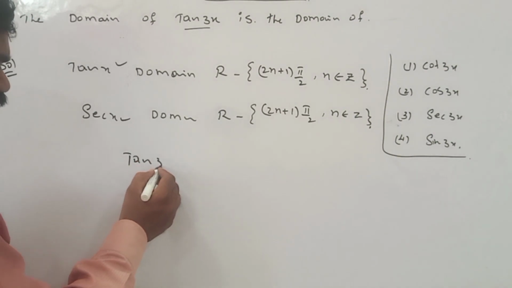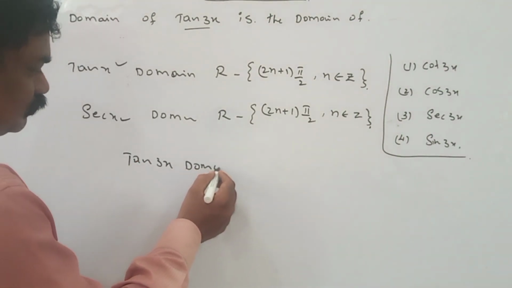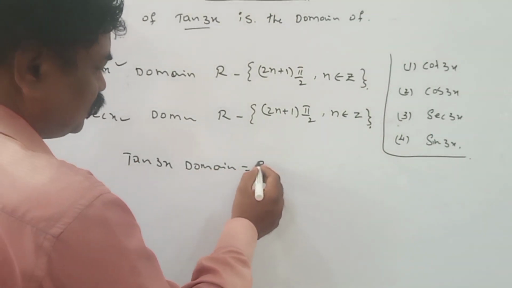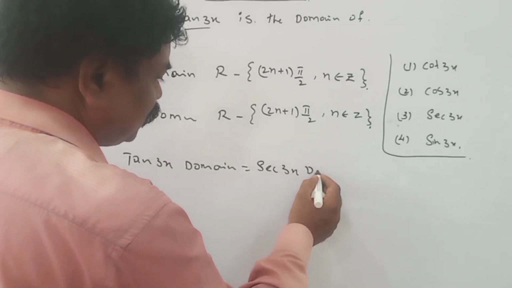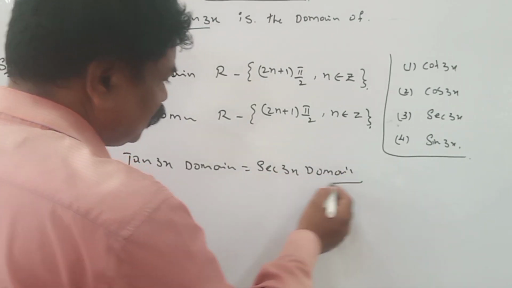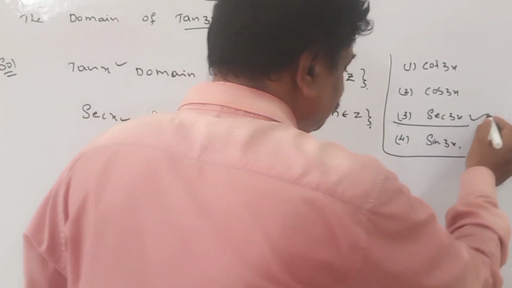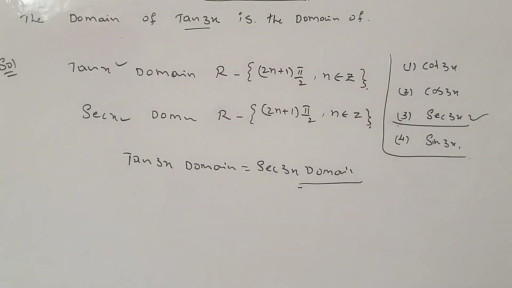Therefore tan 3x domain is equal to secant 3x domain. So we have option 3 as the answer. Okay, all of you. That's all.